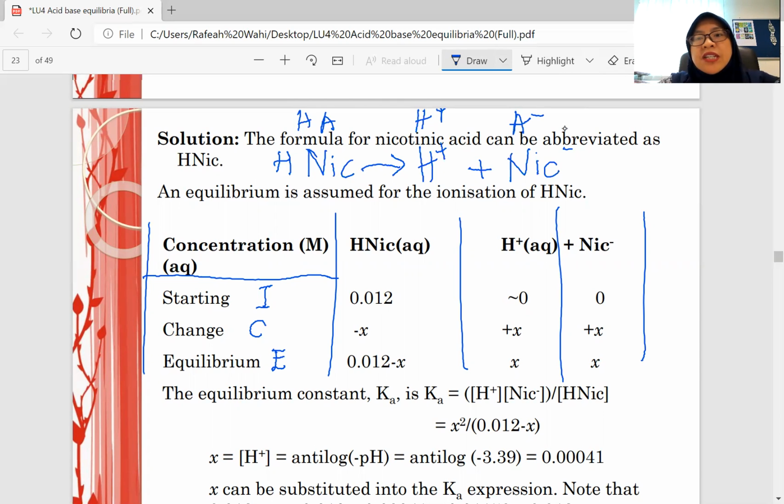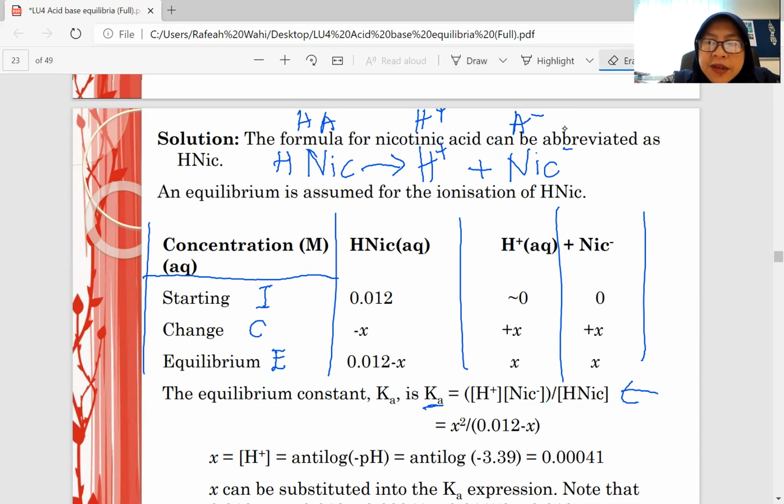So if you go back to the definition, Ka is equal to the concentration of H plus ion times the concentration of the conjugate base, the A negative, divided by the concentration of the initial acid.